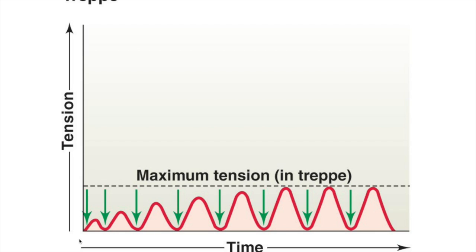We believe this is because there is still some calcium out in the myofibrils. Not all of the calcium has been pumped back into the sarcoplasmic reticulum. So when more calcium is released, now the calcium concentration in the muscle is higher, and it continues to build up until we get to maximum tension.